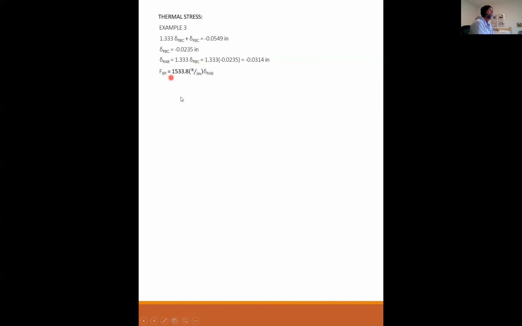I could have used either equation, the 1533.8 or the 2045, but 1533.8 times delta RAB, I plug in delta RAB, I get minus 48.11 kips. And the negative tells you that this is in compression.